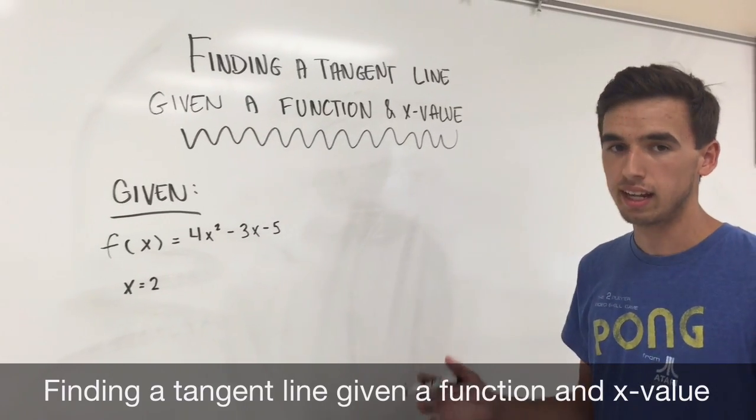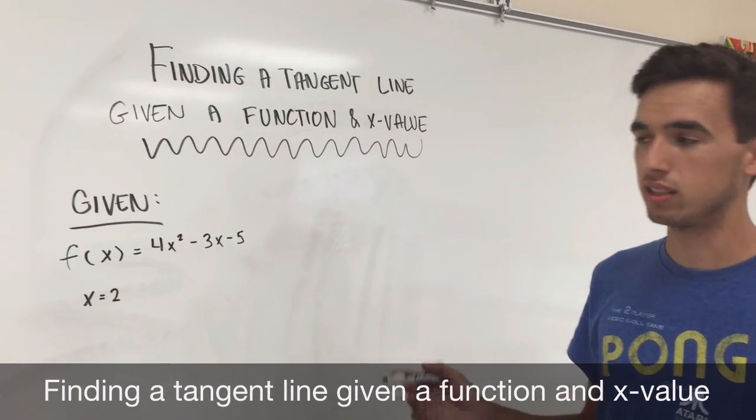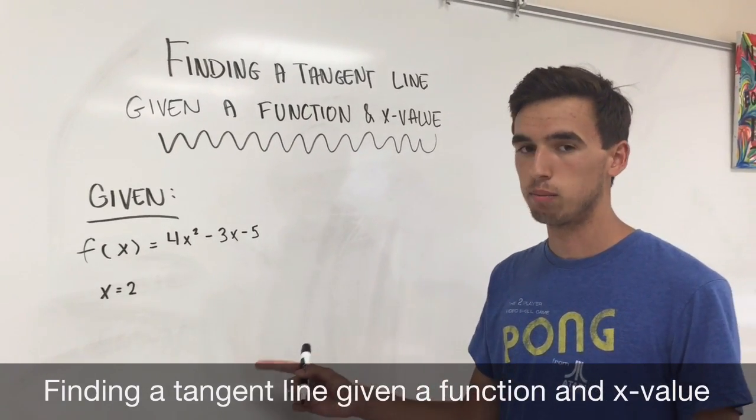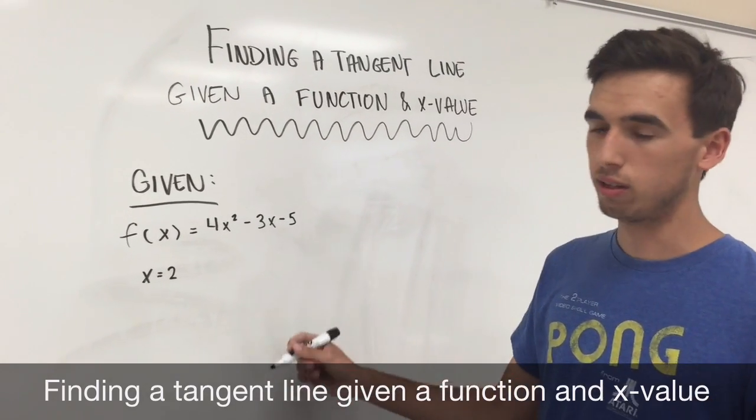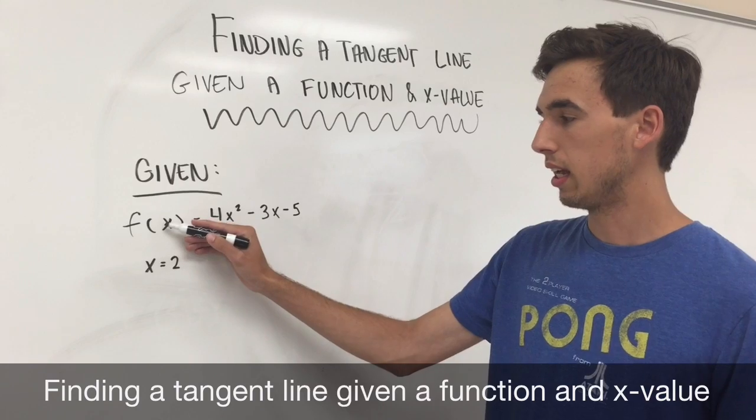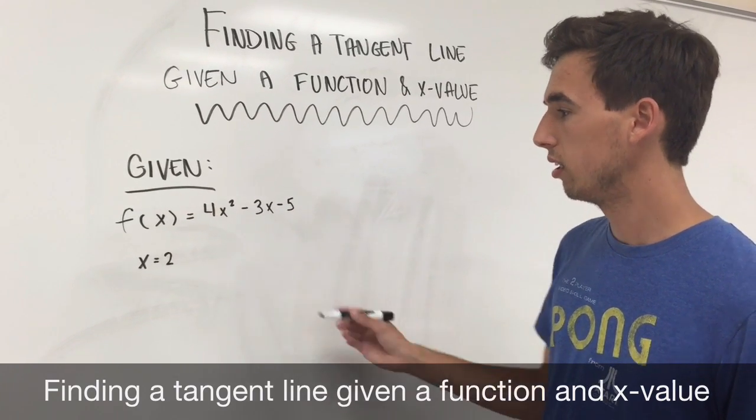When calculating a tangent line, we need a point and a slope. We have the x value of the point, but we need to calculate the y value. To do that, we plug the 2 into the given function.